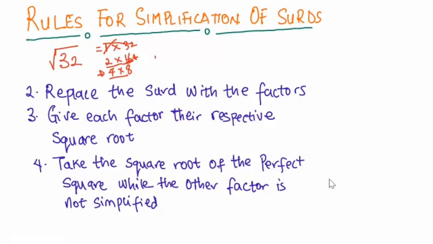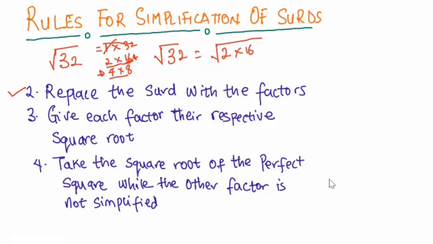Now I can replace 32 with the square root of 2 times 16. I've not changed anything because 2 times 16 will also give us 32. That takes us to our second point, which says replace the surd with the factors, which I've just done. The next thing is very simple.